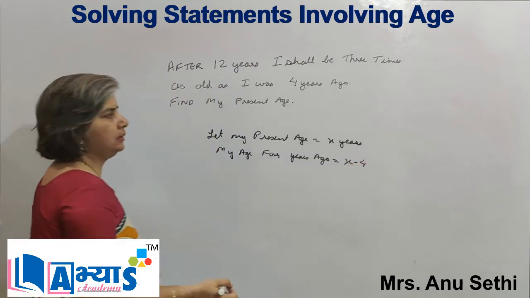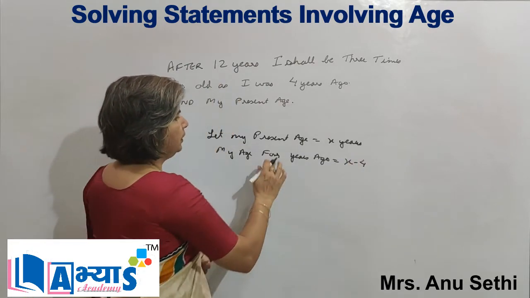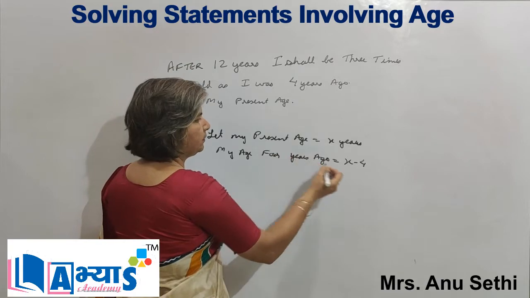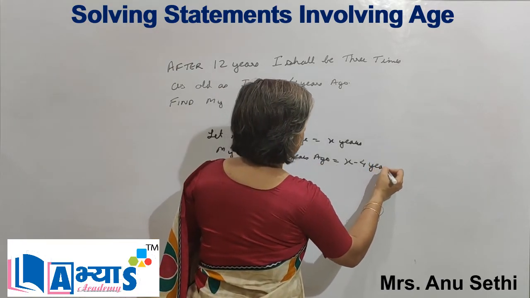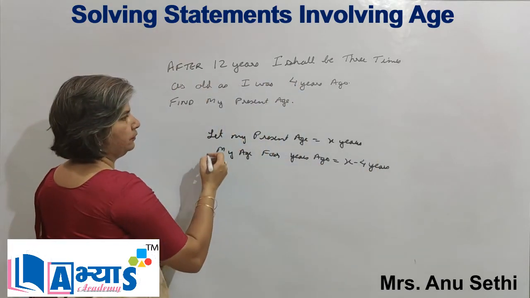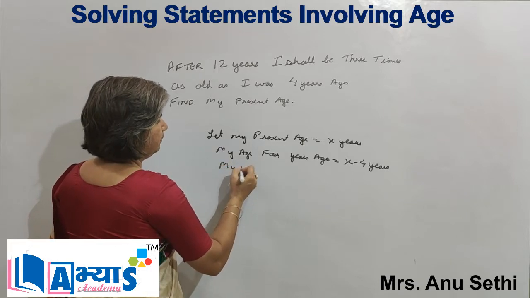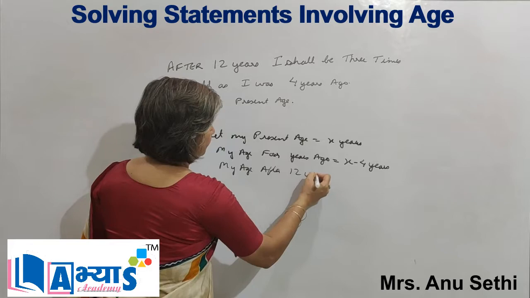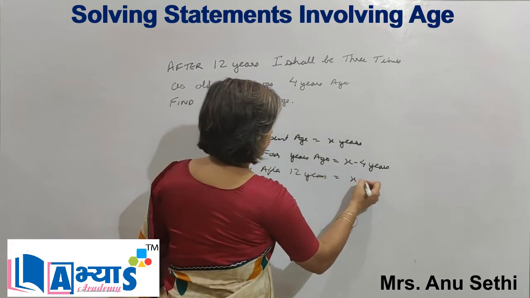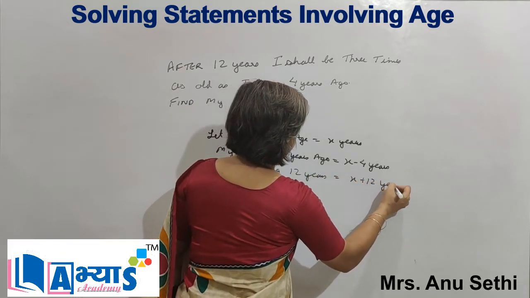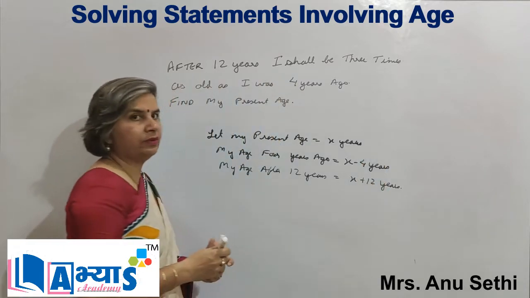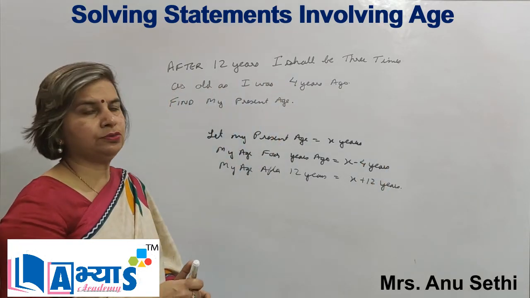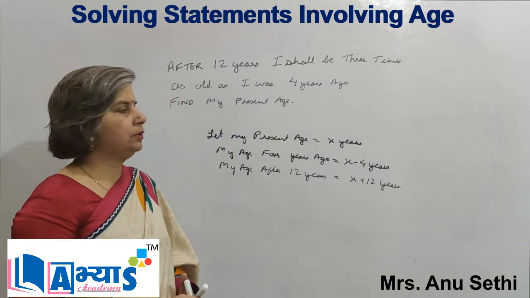As I am discussing the age 4 years ago, I am subtracting 4 from my age, that is x minus 4. My age after 12 years will be x plus 12, because I am calculating the age after 12 years, so I am adding 12 to x.